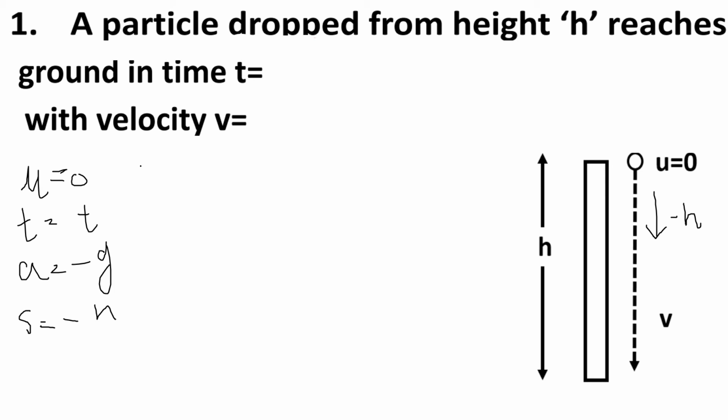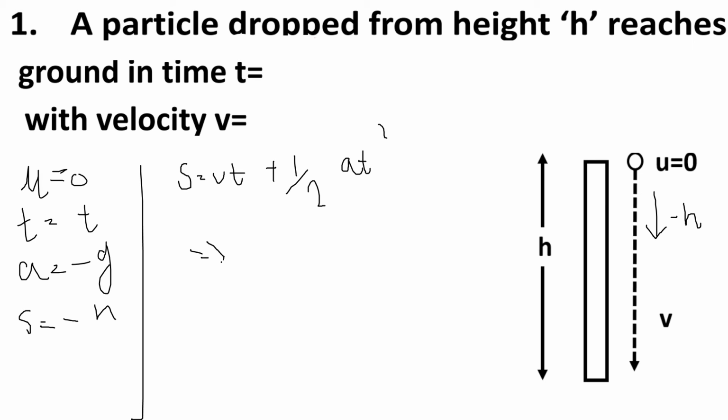Okay. So now by solving this we will use the formula S = ut + (1/2)at². The initial velocity u is 0, so that term is 0.